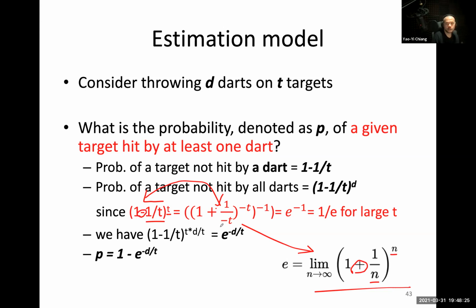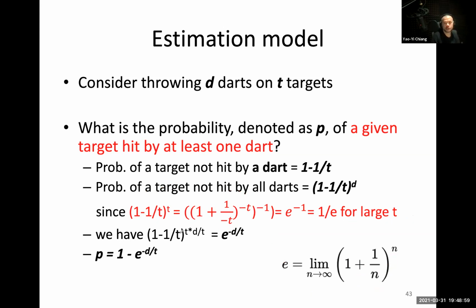So if we move the minus sign to here, and minus t, right, to make these two the same sign, just like here, and take a minus 1 here because you have a minus t here. Originally it was a t. And replace this item with your Euler number, it becomes e to the power of -1 for large t. Cool.